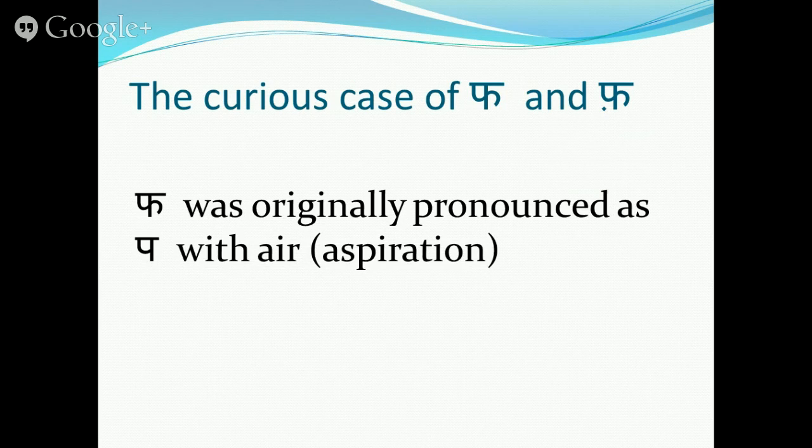Now, we're going to learn the curious case of these two letters. So this first letter that we just learned, pa, was originally pronounced only as pa with air, just as we just pronounced it.